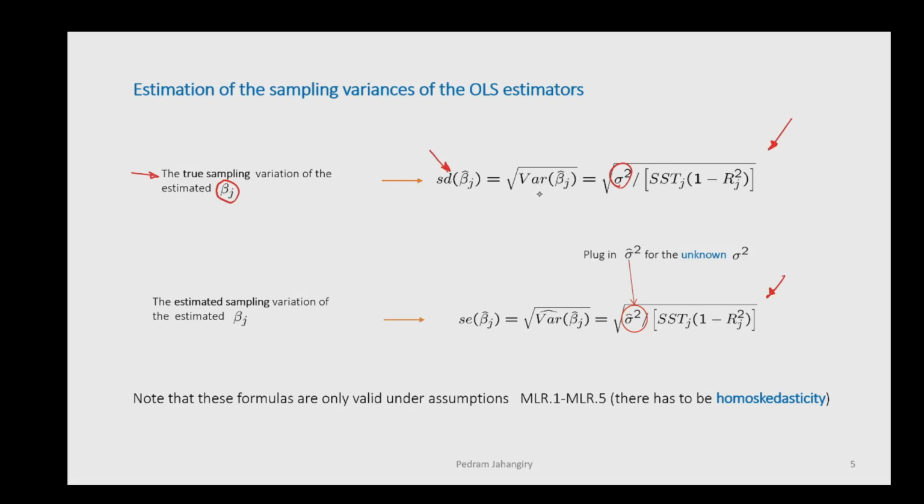Whatever formula you have for the variance of beta hat j, just put it under the square root. Now, if I replace sigma square by its estimated version, sigma hat square, because we are using an estimated number, instead of standard deviation we call it standard error.